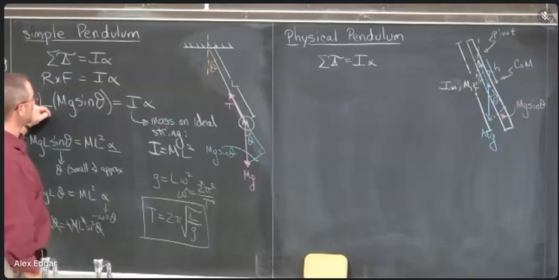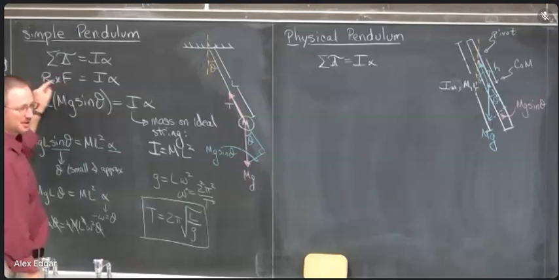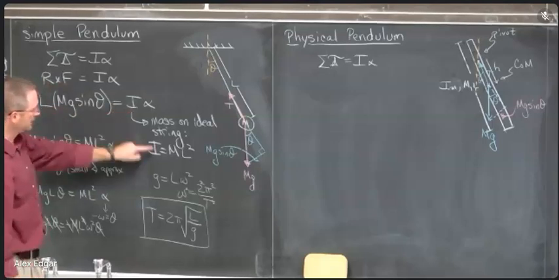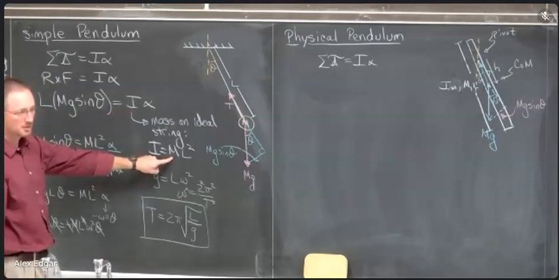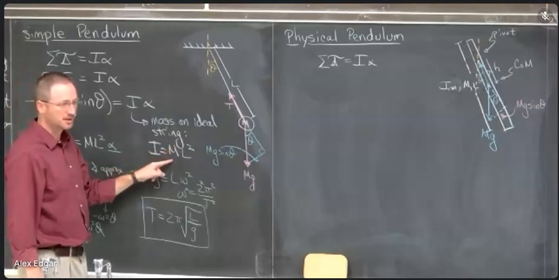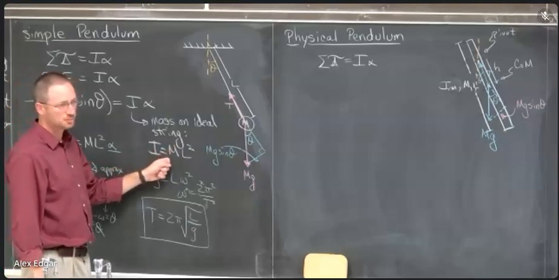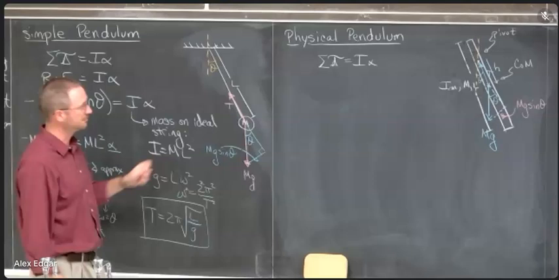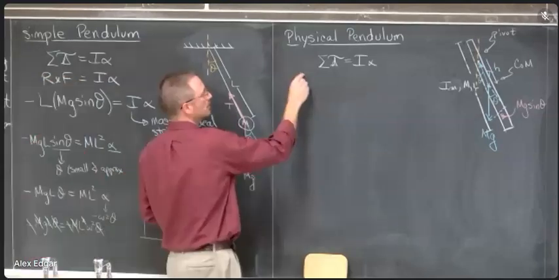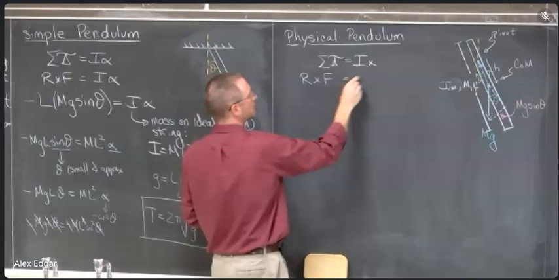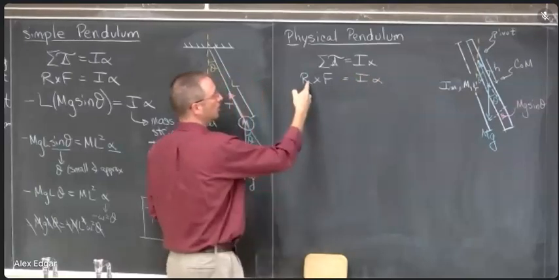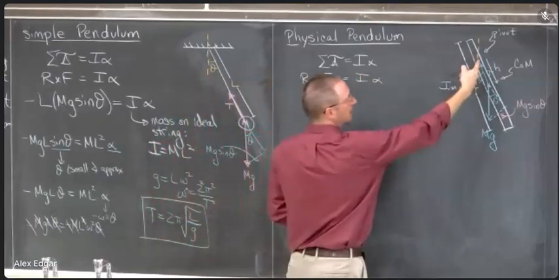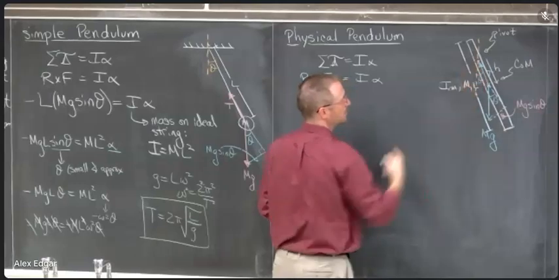So the left side of this equation is going to stay the same. It's the right side that's going to change, because what we don't have is all of the mass concentrated at a point. Now what we have is the mass is spread out. On the left side here, r cross F, still, r is now going to be how far the center of mass is displaced from the pivot.